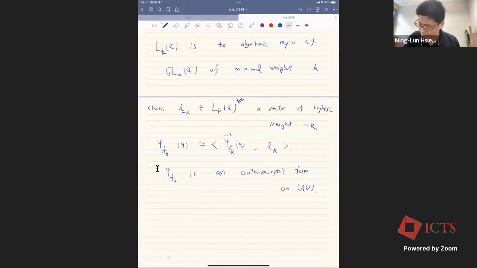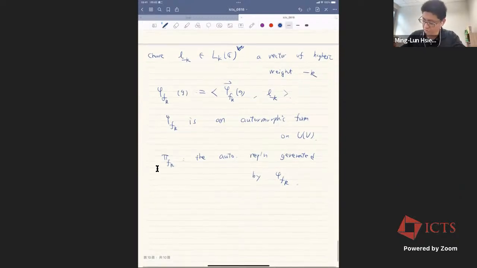And now let pi_{F_K} be the automorphic representation generated by phi_{F_K}. Okay, so this is my notation about Hida families on definite unitary groups.